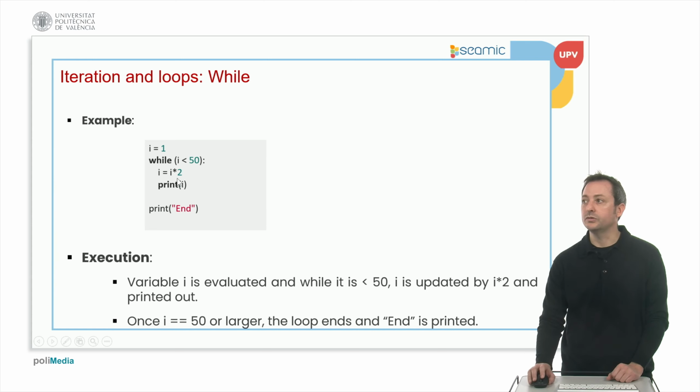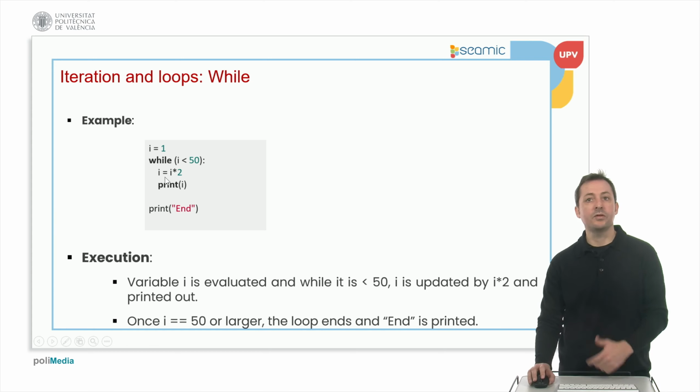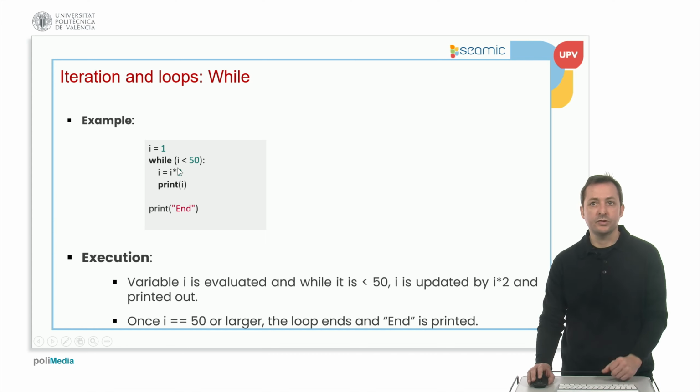And this condition will be false at some point, since here we are modifying the value of I. We are increasing this value, and at some point the value of I will be greater than 50. So for sure this loop will eventually end.